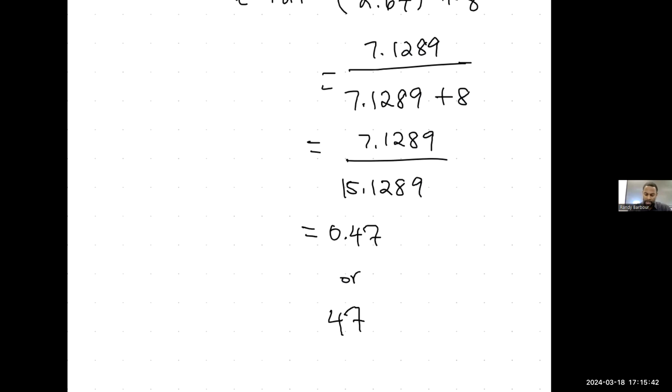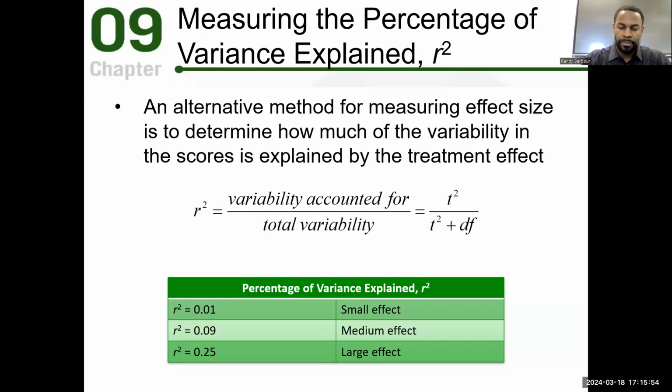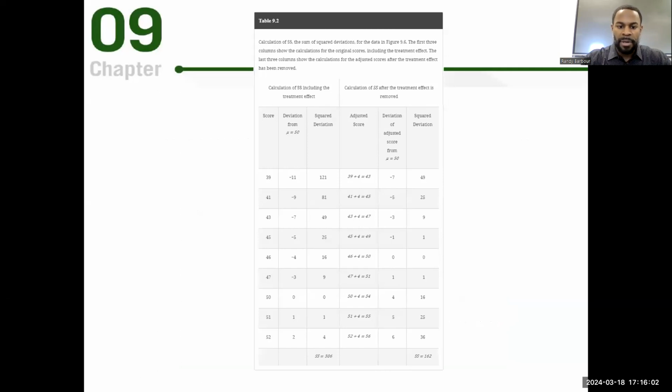All right, let me stop sharing, and then we'll share this again. So again, that's my convention. Much of the same, if you were to do 162 divided by 306, this is the sum of squares for all of the treatment effect, and this is the treatment effect that's removed.